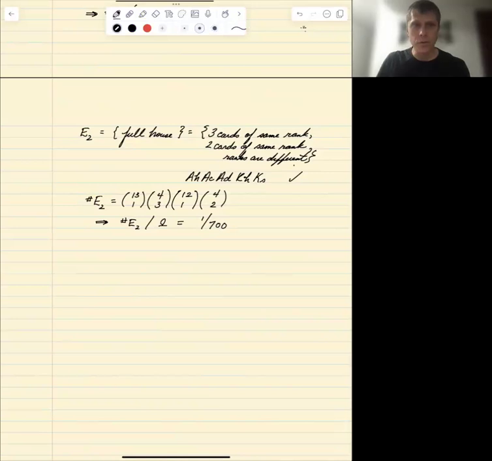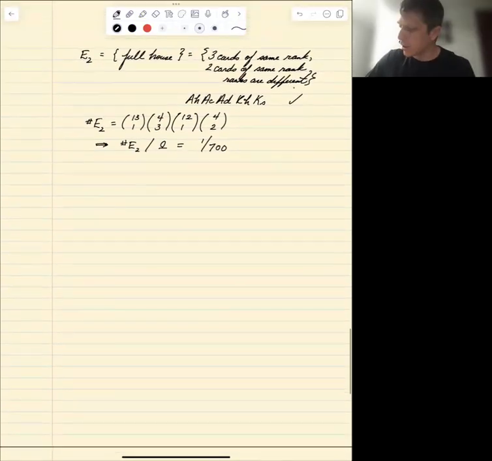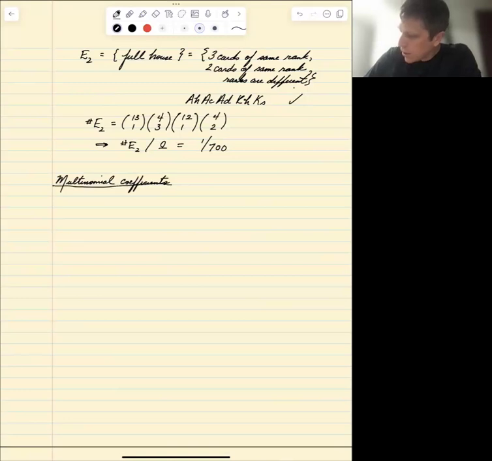So now let's move on to a more general case, which is called multinomial coefficients. Where do binomial coefficients come from? What's binomial?